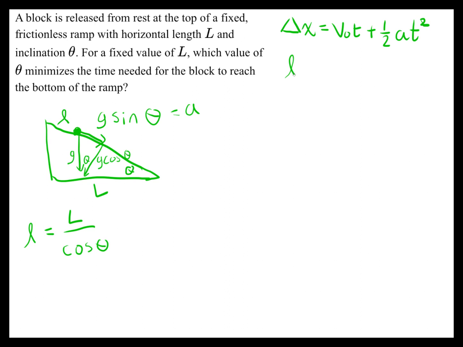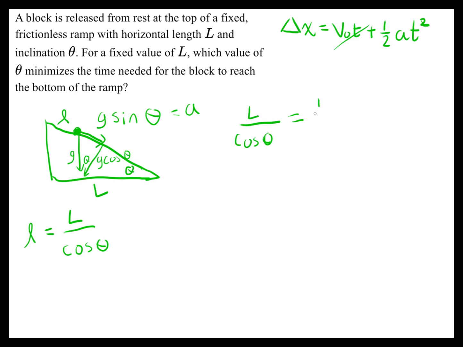which we can write as the horizontal length over the cosine of theta. That's what we determined over here. And the block is released from rest, so we can neglect the initial velocity term.